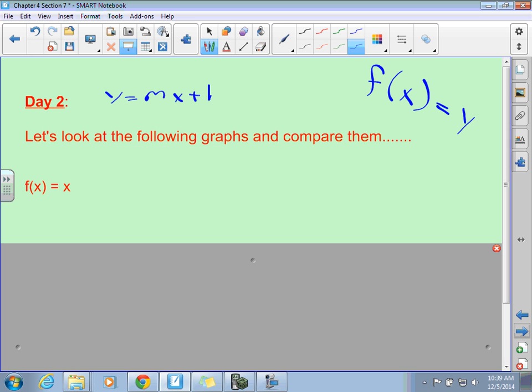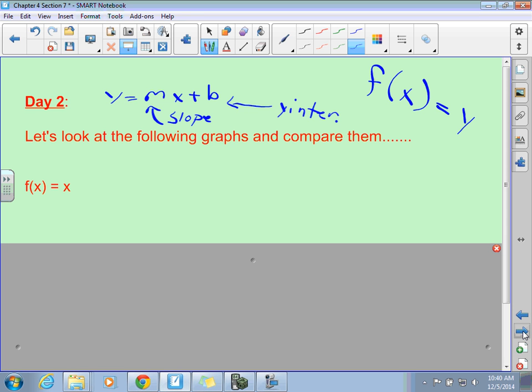M is considered my what? My slope. Now, slope is the number in front of x. It's not x. So like the slope is 2, it's not 2x. So when we ask for slope, we're asking for a number, not the variable with it. And then the b is considered the y-intercept. Okay, those are key things.